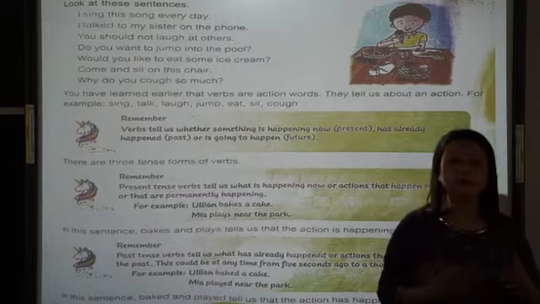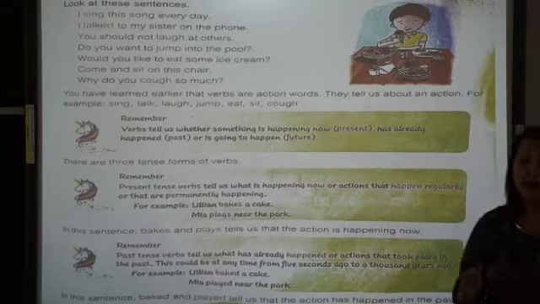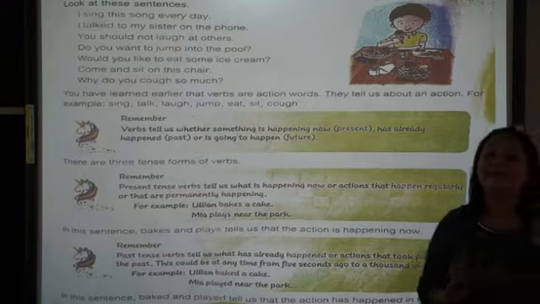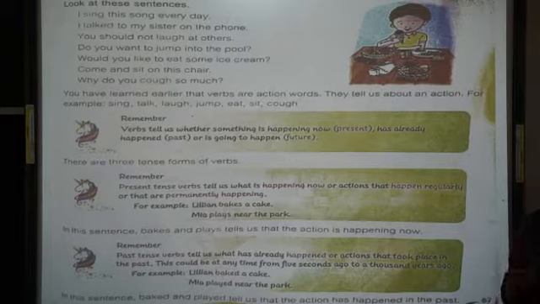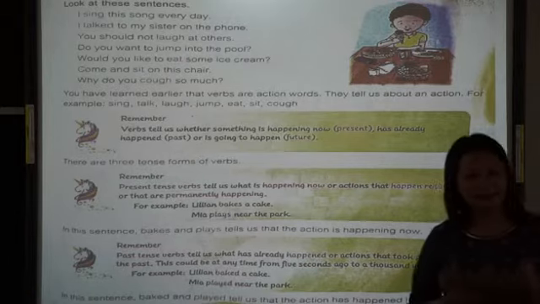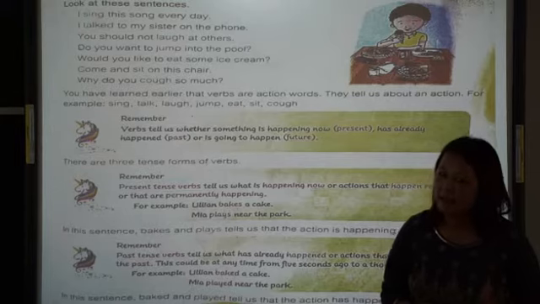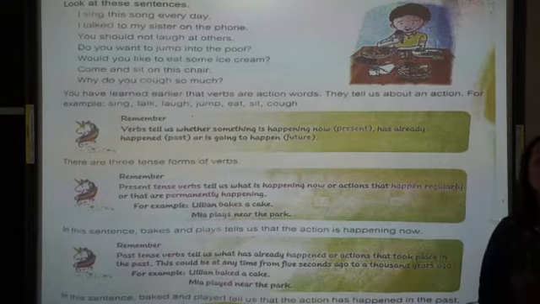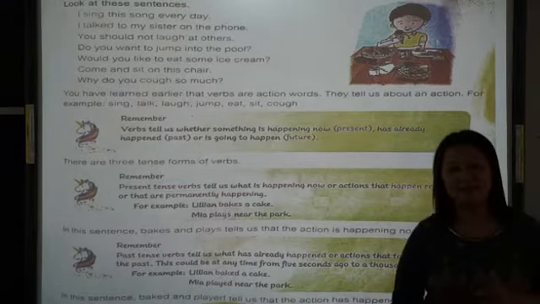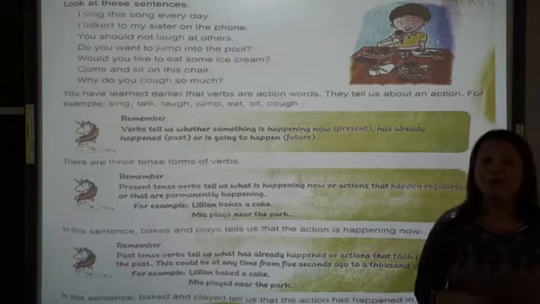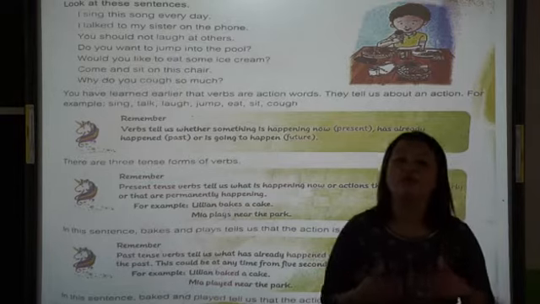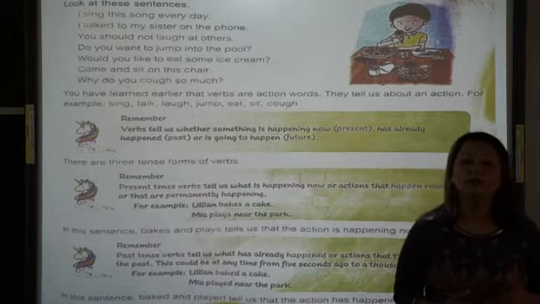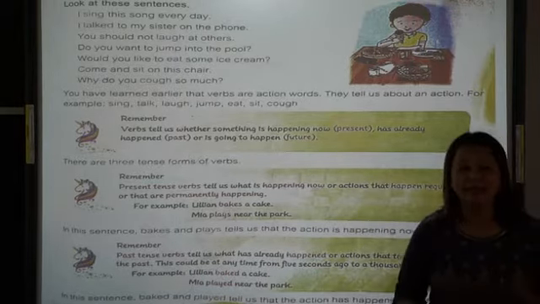So, remember children, there are three tense forms of verbs. They are present tense, past tense and future tense. Now let's see these three forms of verbs in detail.